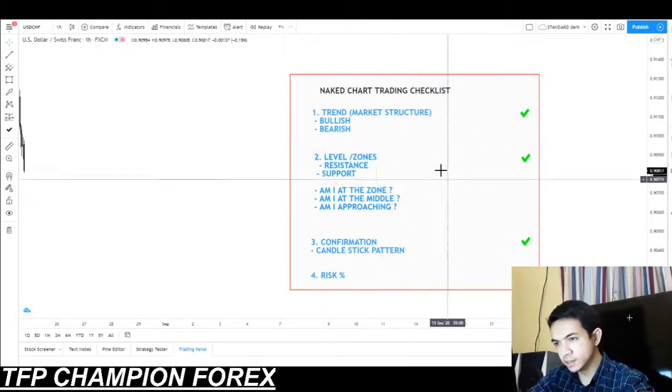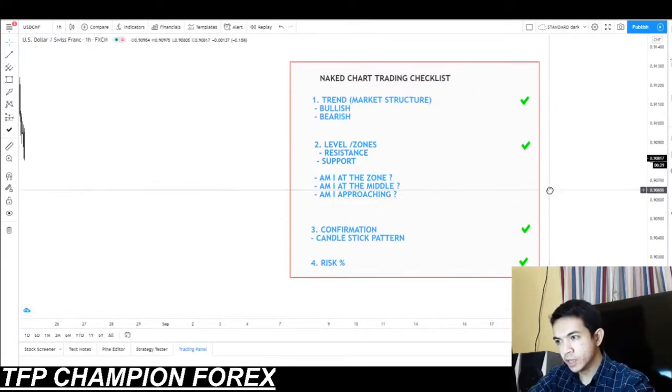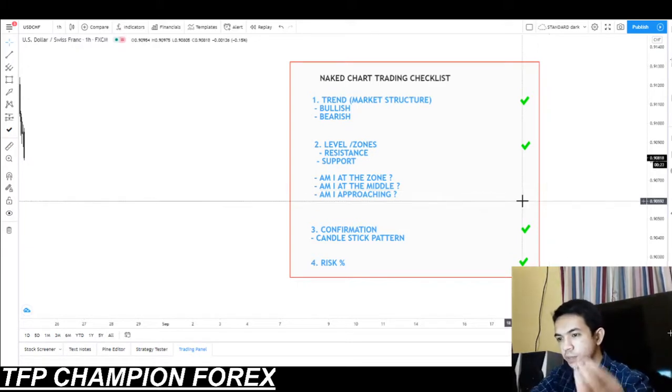And then after that, if you meet this checklist item number two, then you will probably go to a lower time frame to check for confirmation. Definitely you will look for candlestick patterns or confirmation candles like buying or selling pressure.